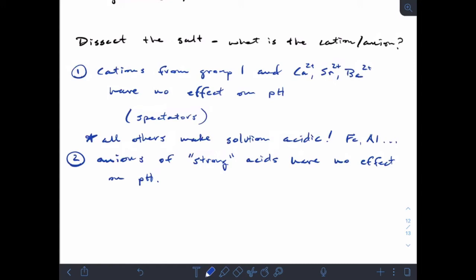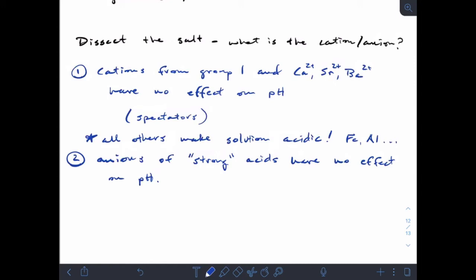Number 2 says anions of strong acids have no effect on pH. The reason for that is that strong acids, all they do is come apart, and we'll talk about how that plays out with affecting pH in a second.